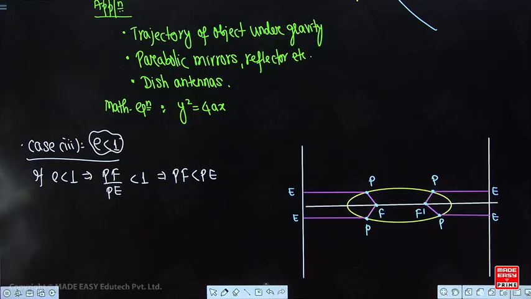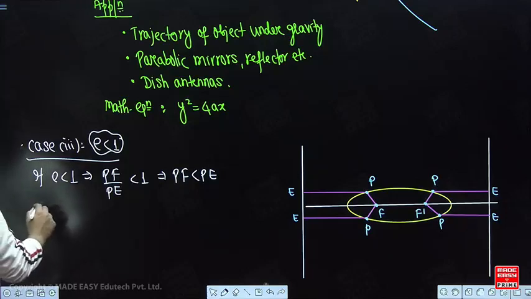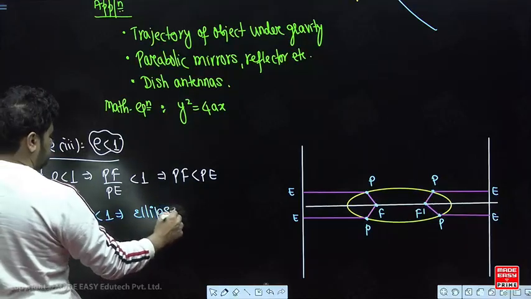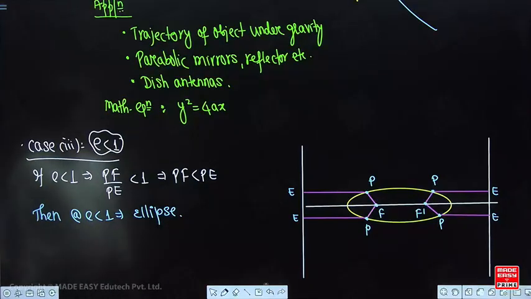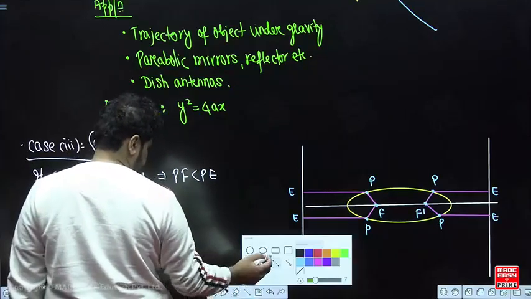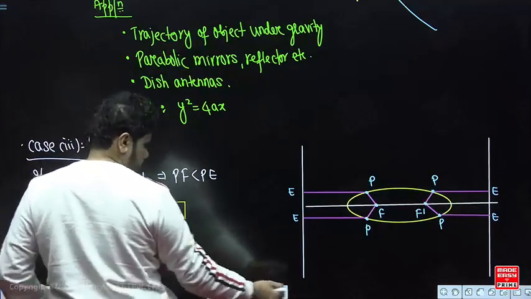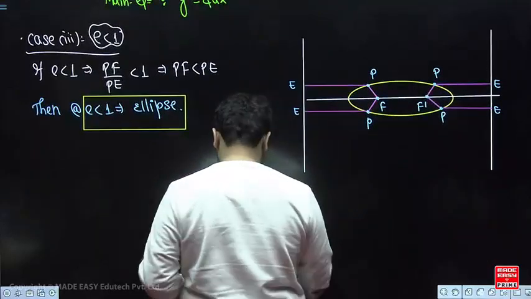So PF is less than PE. Correct. So then at E less than 1 it is called ellipse, right? It is called ellipse, correct?